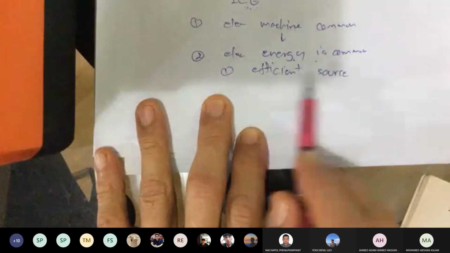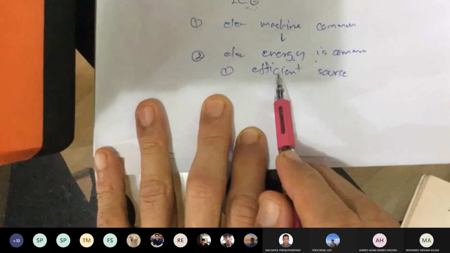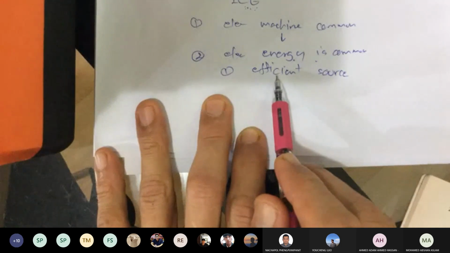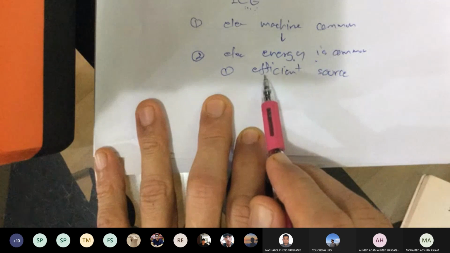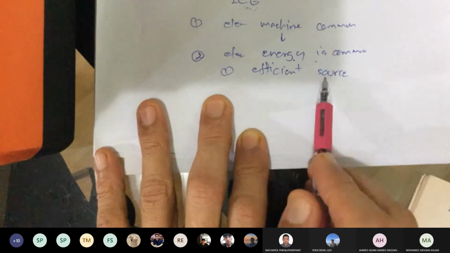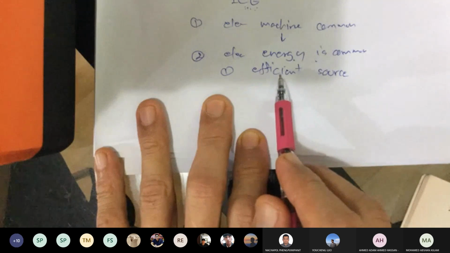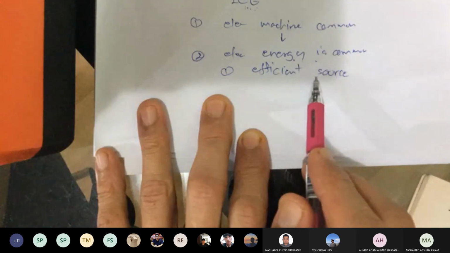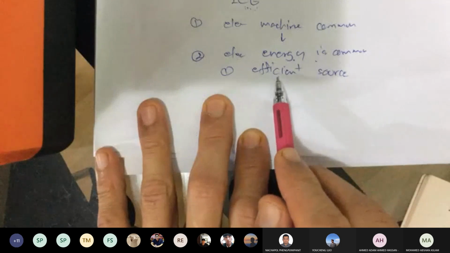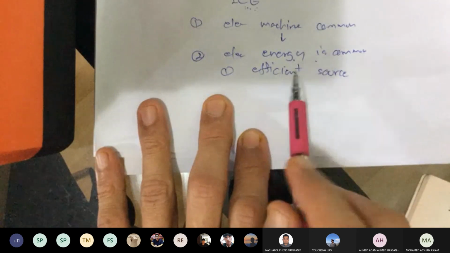The best example for this is if you compare the efficiency of a car, a diesel engine versus an electric car. The electric car will outweigh the diesel engine counterpart. I don't have the number, I'm guessing it's above 50% efficiency. The reason being is the motor is a very efficient machine compared to a diesel engine.